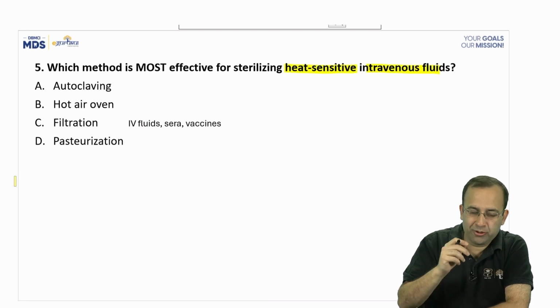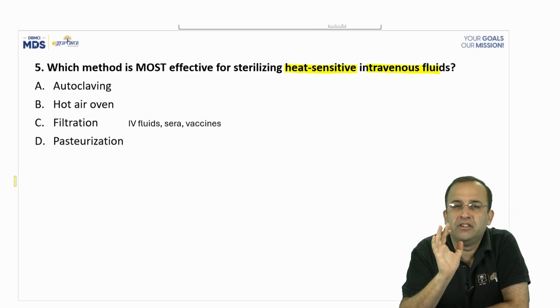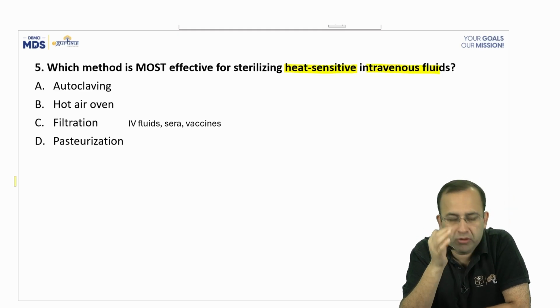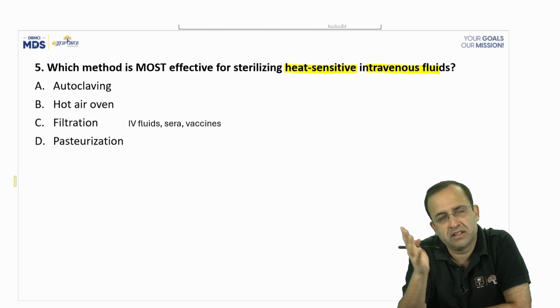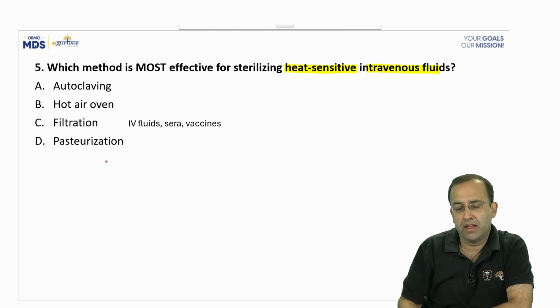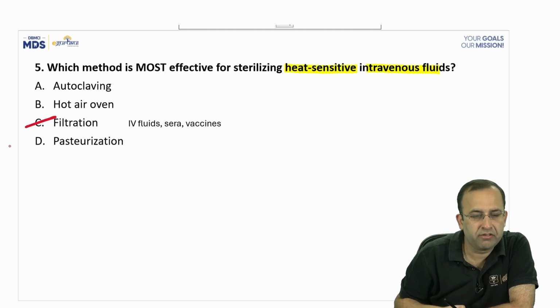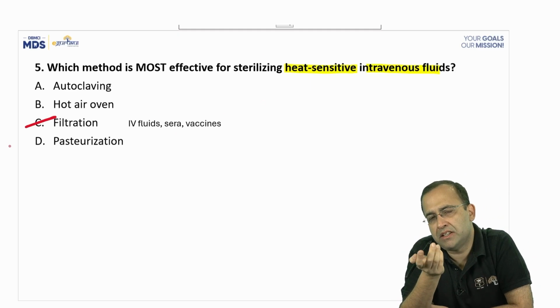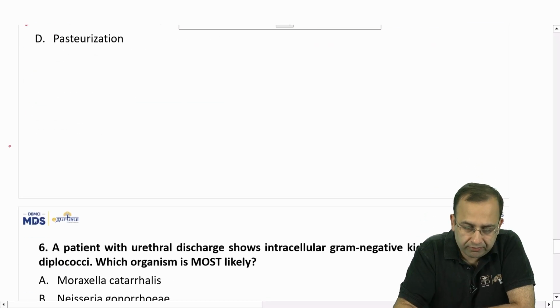Going wrong in such a question will be a blunder. Autoclave, hot air oven, pasteurization, all those involve heat. I'm not even going into the details that pasteurization is for milk or what are the various modalities of disinfection. You know those. Heat sensitive, what is left is filtration. We'll be filtering IV fluids, sera and vaccines because they are heat sensitive.